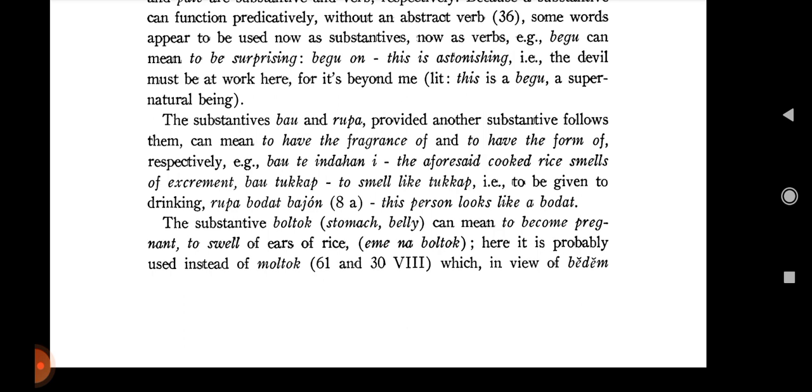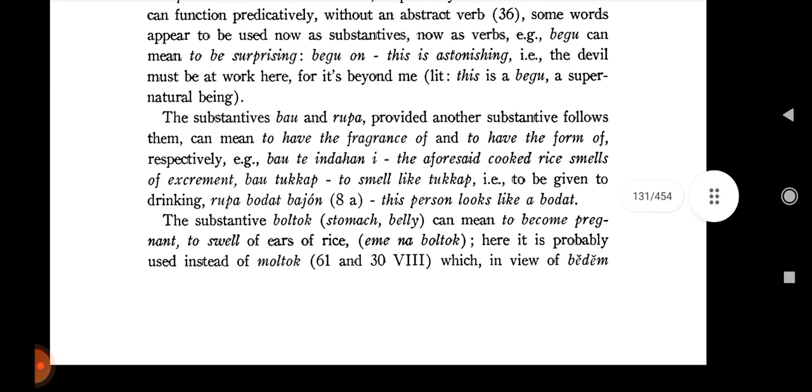Baute dahani, the aforesaid cooked rice smells of excrement. Bau tuak, to smell like tuak, i.e. to be given to drinking. Rupa bodat bayon, i.e. this person looks like a bodat.